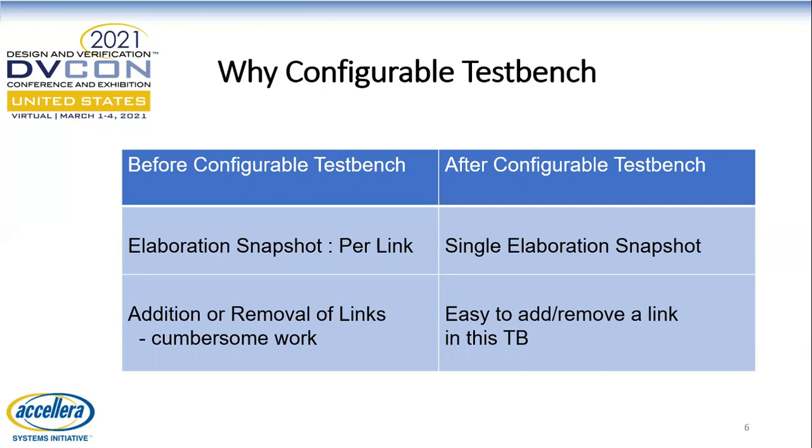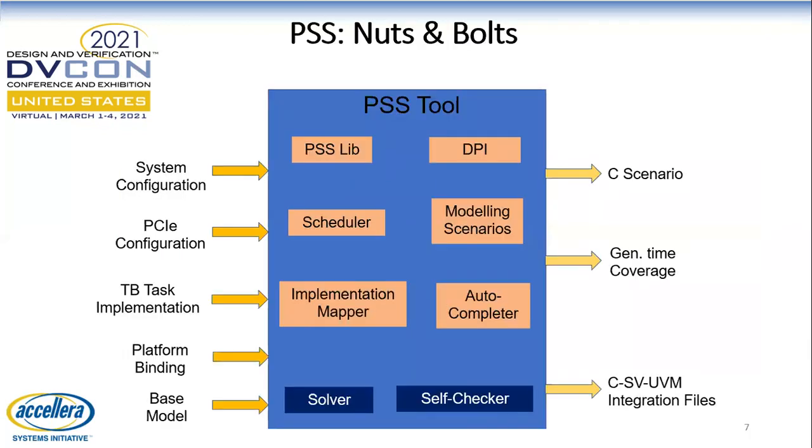The common tasks and functions had difficulty in editing. But in the new test bench structure, it is easy to add or remove a link. Moving to next slide, it is PSS nuts and bolts.